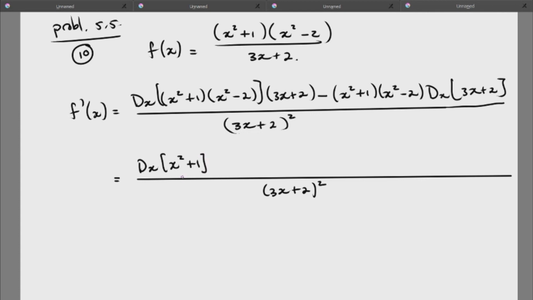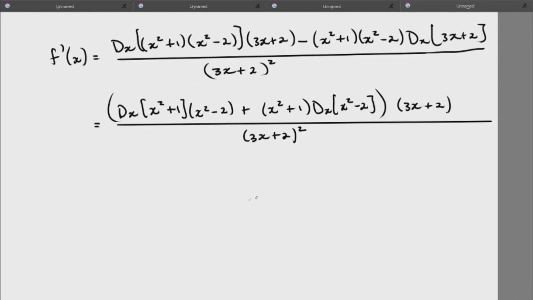So of course you could do it right away as 2x. Derivative of the first times the second plus the first times the derivative of the second. All of that times 3x plus 2.